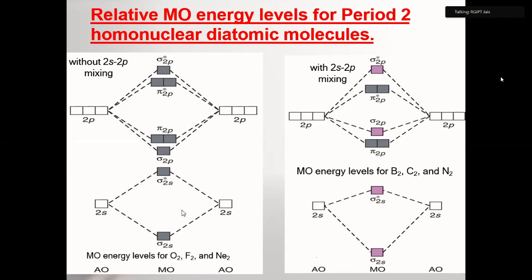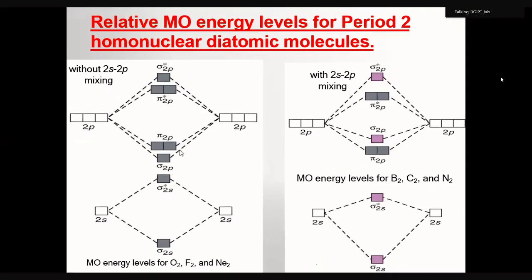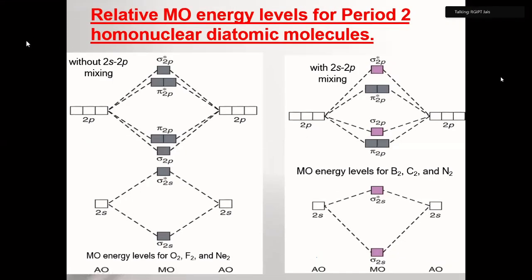In the case of oxygen and fluorine, there is no formation of sp mixing. In this case, because of sp mixing, s and p have less energy.